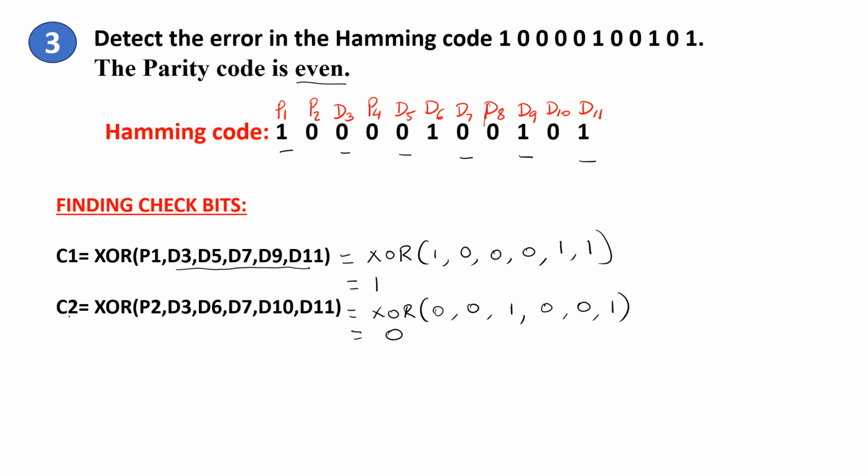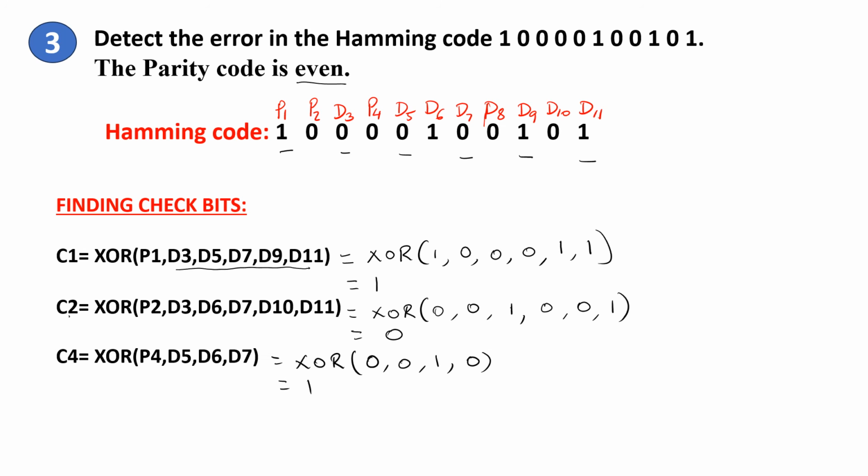Next is C4. So C4 is equal to XOR of P4 is 0, D5 is 0, D6 is 1, D7 is 0, so odd number of 1s, so the output is 1.